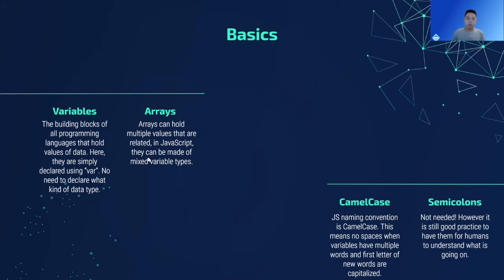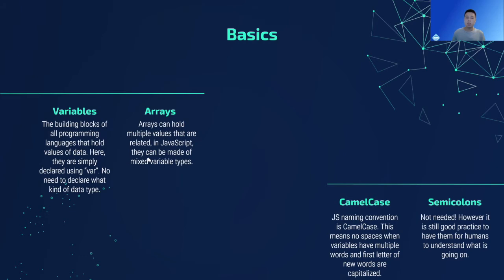So for example, variables. Variables are the building blocks of all programming languages that hold values of data. Here they are simply declared using var, and there's no need to declare what kind of data type you're using because JavaScript figures it out by itself, and it's pretty easy to use.